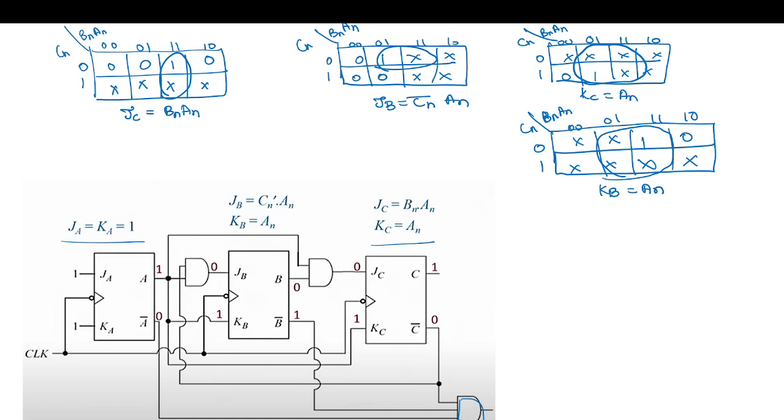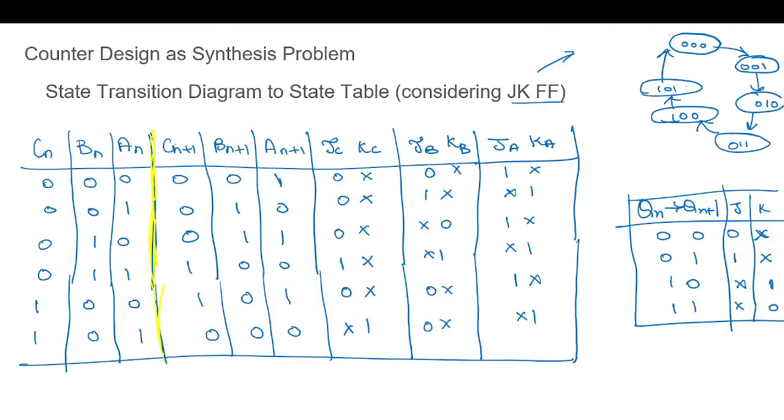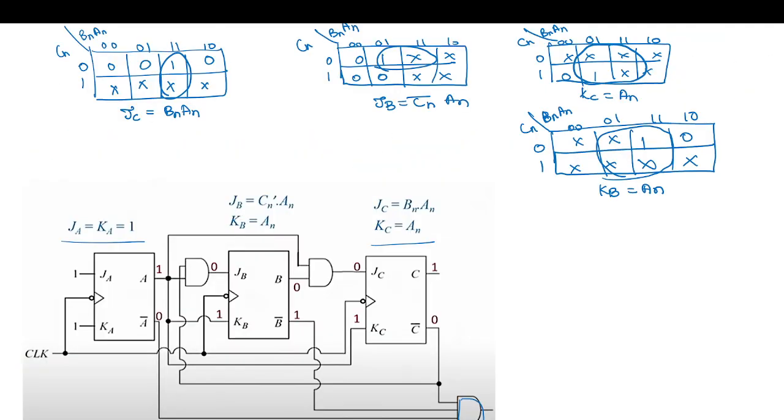Now, the unused states: the counter is going up to 5, so 6 and 7 are unused states. We take 6, 1, 1, 0.